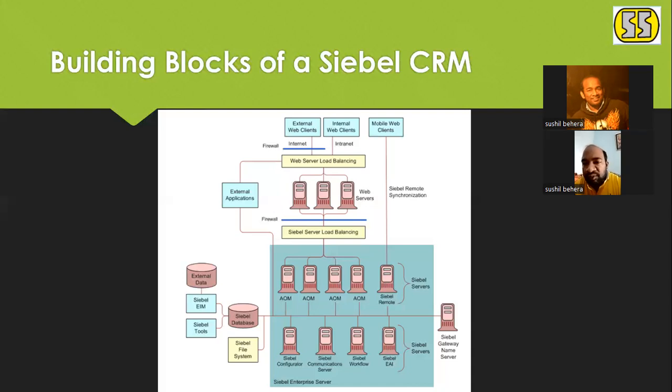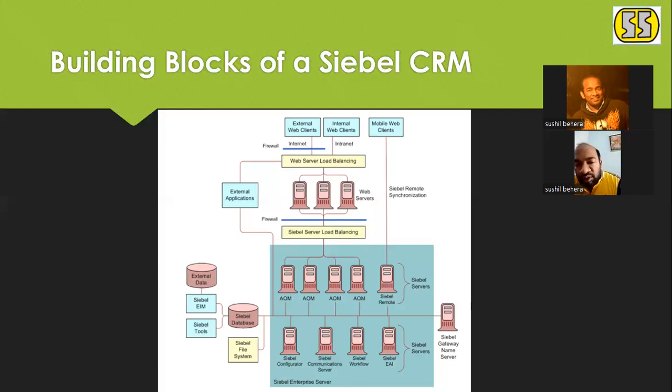Now once the web server passes this request, where will the request go? First of all, it will go to the Siebel gateway name server, and from there it will identify where to go. In the Siebel gateway name server, there is a file called cbins.dat. We have to remember this. This cbins.dat file keeps track of which component is present inside which server.